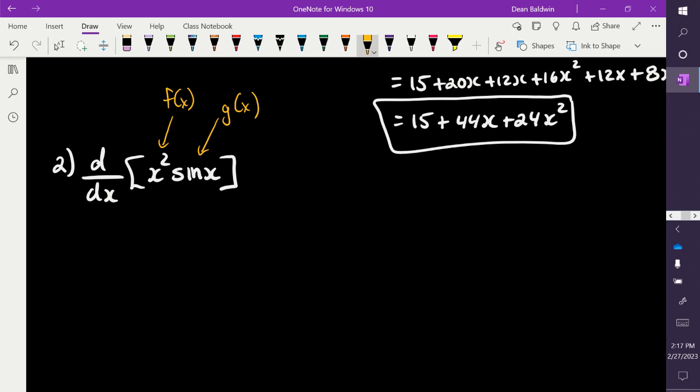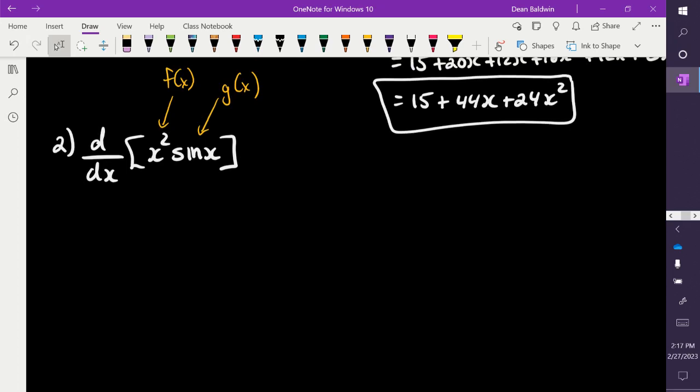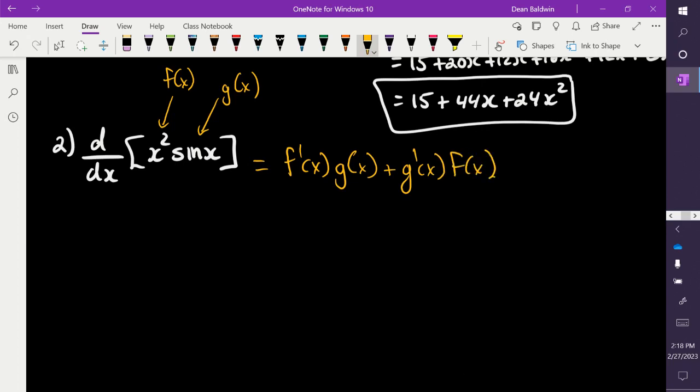So I'll just write it out. So I would say this is what we're going to do. You don't have to write this out every time, and then you just fill it in, basically.